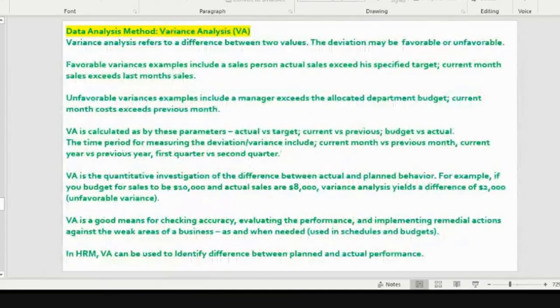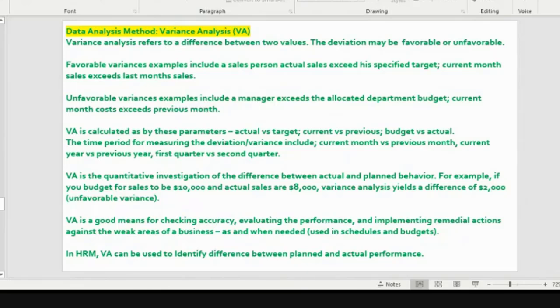Now let's look at variance analysis. So variance refers to a difference between two values, and the deviation may be favorable or unfavorable. Now, favorable variance examples include a salesperson's actual sales exceeding his specified target.